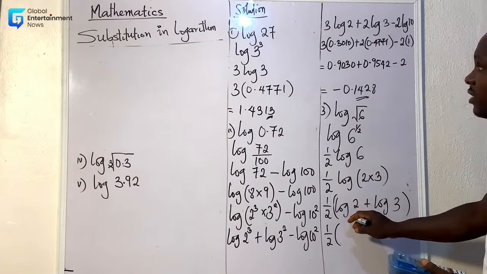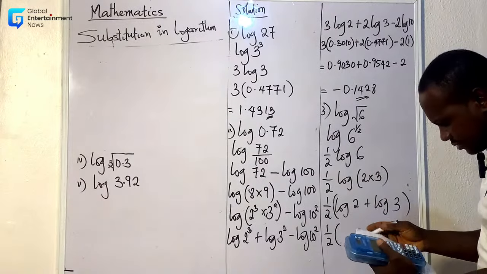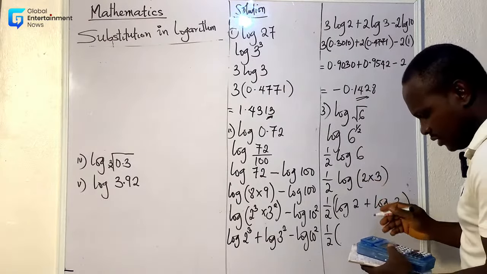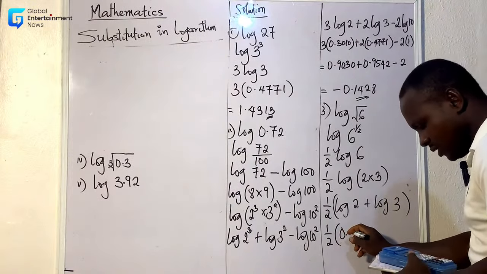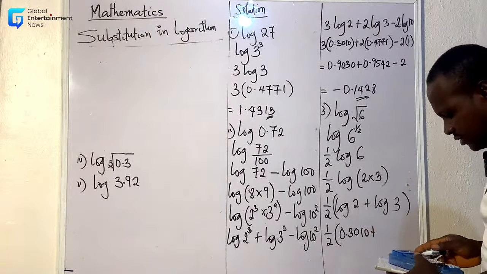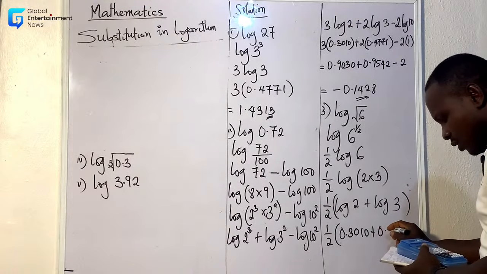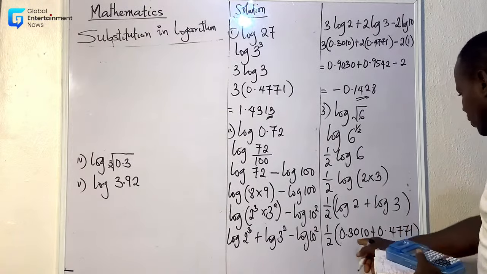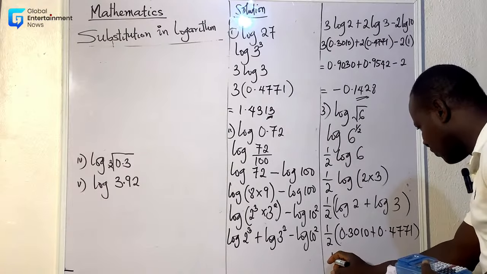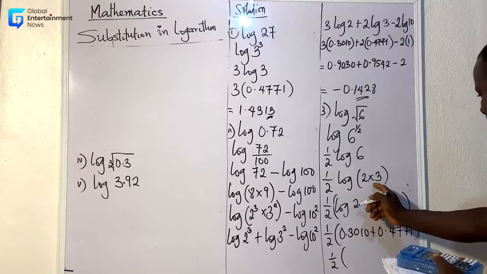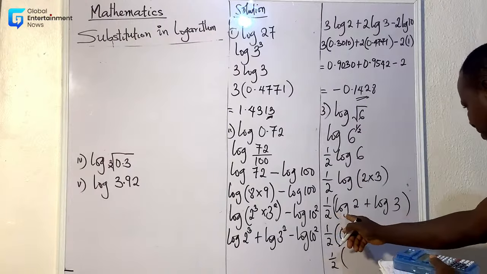Now, what is log 2? According to the substituent, log 2 is 0.3010 plus, what is log 3? 0.4771. Yes. So we need to add this together before we multiply it, because they are together inside the bracket.